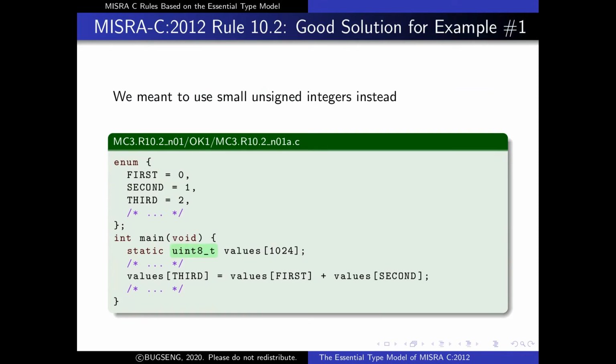The correct MISRA compliant solution: if you want small integers, say 8-bit, if your implementation supports 8-bit integers, then this is what you want. You use uint8_t, which probably will be a typedef to unsigned char. This is the correct way of doing this.